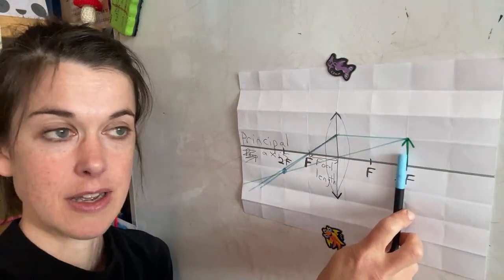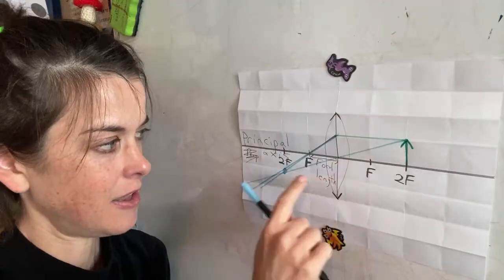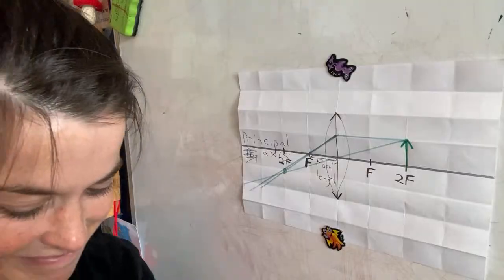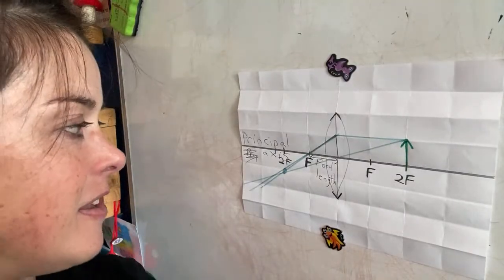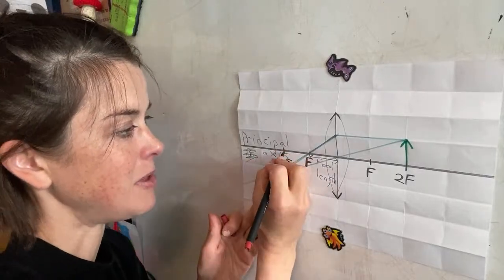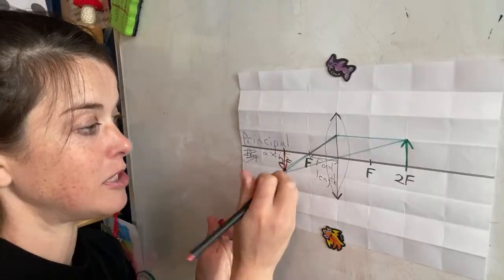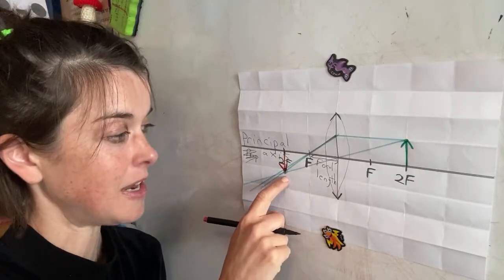So what has happened to this image? We've got the object on this side, we've got the convex lens, the converging lens here, and it's made light rays cross down here. What's supposed to happen is that hopefully you can see that our image is now upside down. If I draw a line from the principal axis to where those rays meet, we've got an image which is upside down.